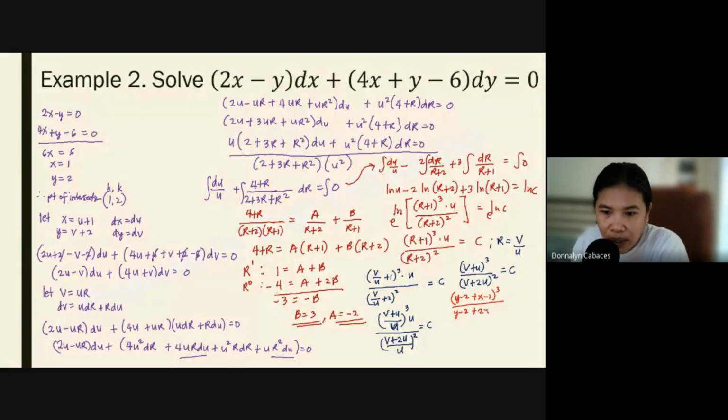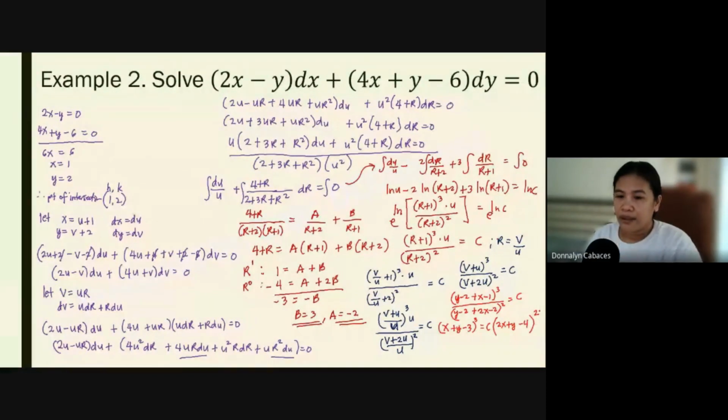So, that is 2x minus 2 square is equal to c. So, simplifying, you have x plus y minus 3 quantity cube is equal to c times 2x plus y minus 4 quantity square. And that is now the solution of the differential equation.